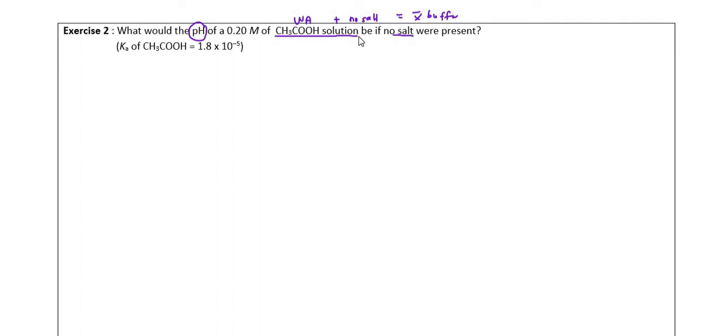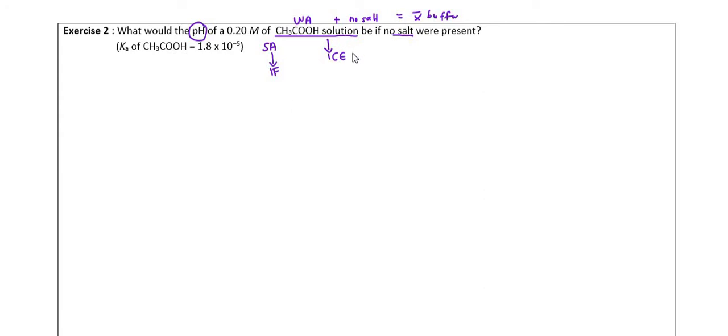So what do you do? If your solution only has a weak acid, you have to memorize part 2 of chapter 7.1, the ICE table. You have to use an ICE table. Why must I use an ICE table? Because this is a weak acid. If you have a strong acid, you use an IF table.